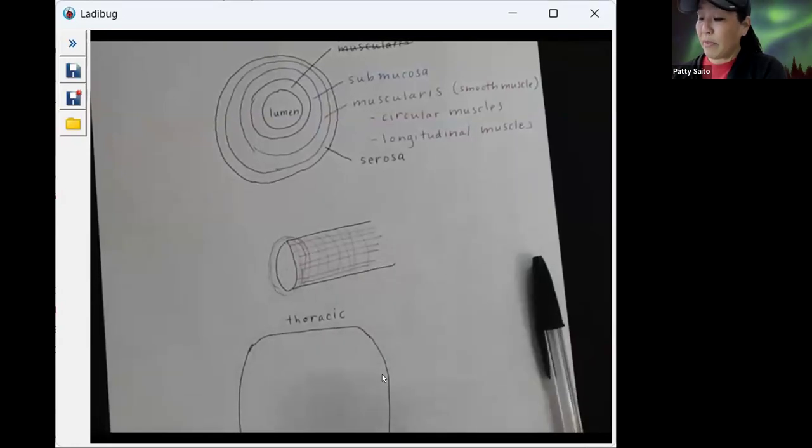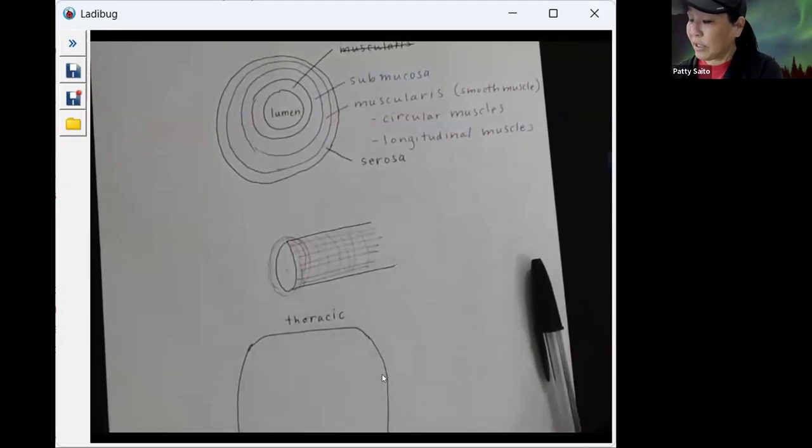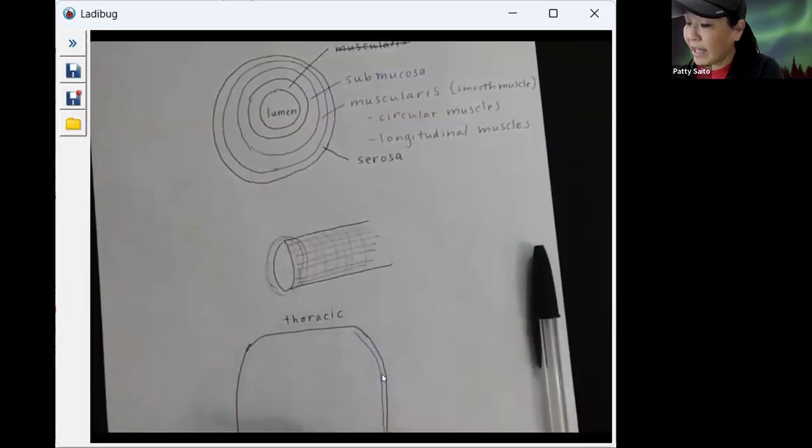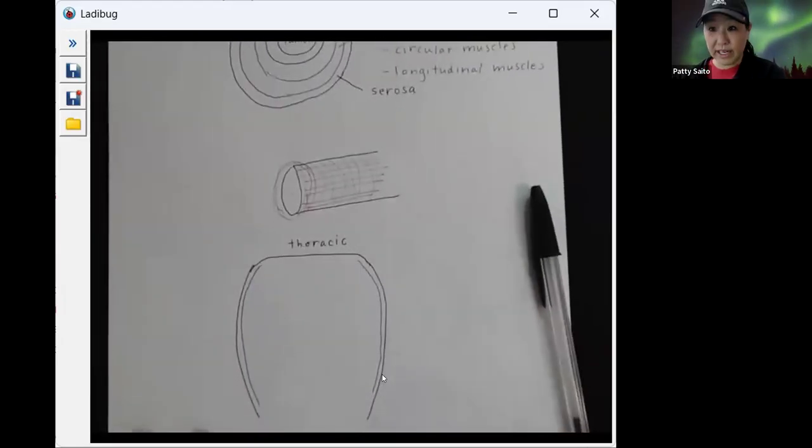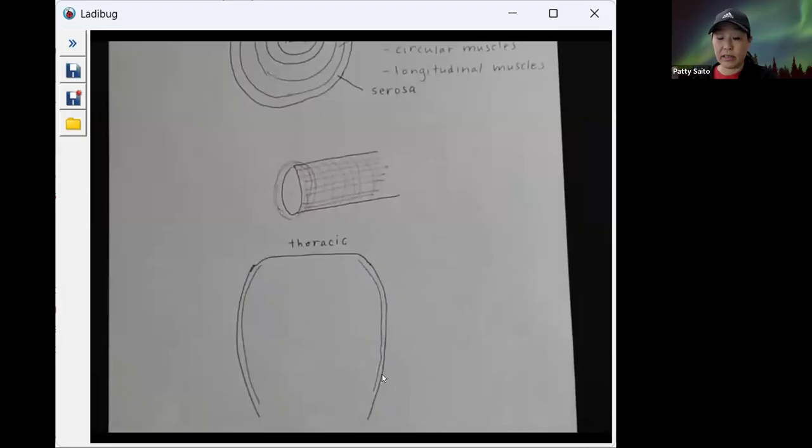Lining the abdominal pelvic cavity is the serous membrane called the peritoneum. And so the peritoneum lines the cavity like this, but it's a little more complex in the abdomen because there's more than one organ, right? The heart, there's just the heart, and then there's the lungs. So there's one organ for each of the other serous membranes.